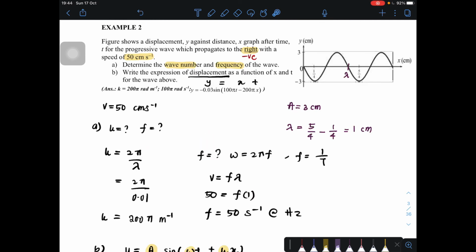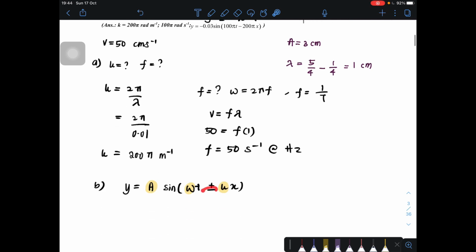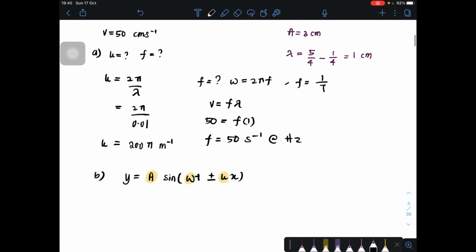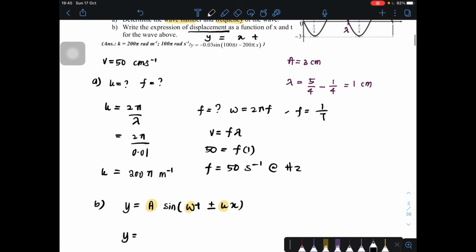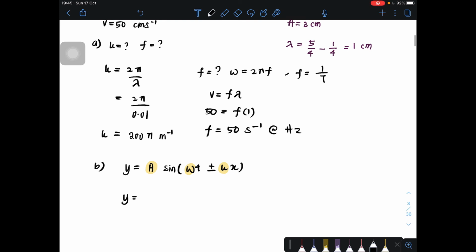We know that the wave propagates to the right, meaning that it is negative. So here will be negative. Okay, so put in the value for A, the amplitude from before, 3 cm, and we want it in meter, 0.03. Sin omega is 200 pi t. Oh wait, sorry. Actually we have not calculated omega yet.